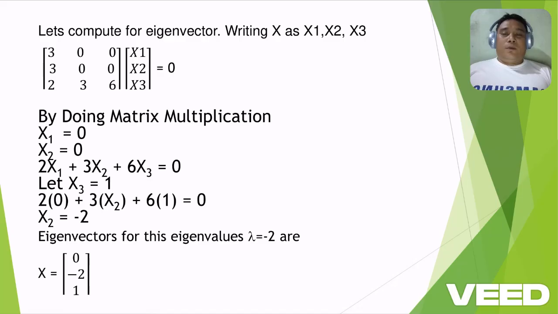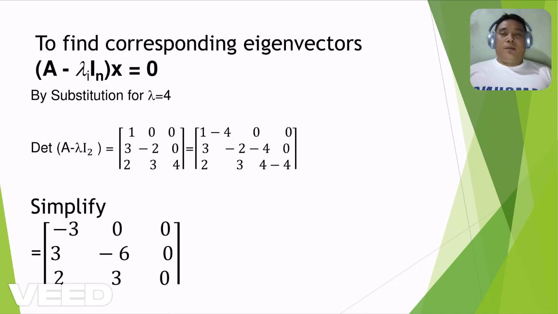Then substitute: 2 times 0 plus 3x2 plus 6 times 1 equals 0. x2 will become negative 2. Our eigenvector for the eigenvalue lambda equals negative 2 is 0, negative 2, and 1.